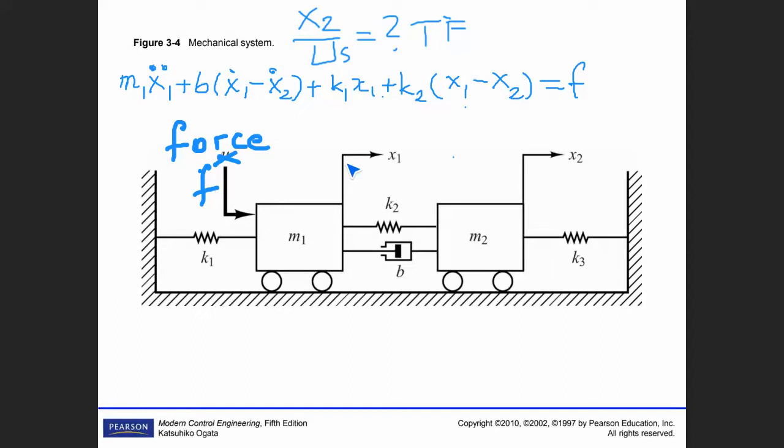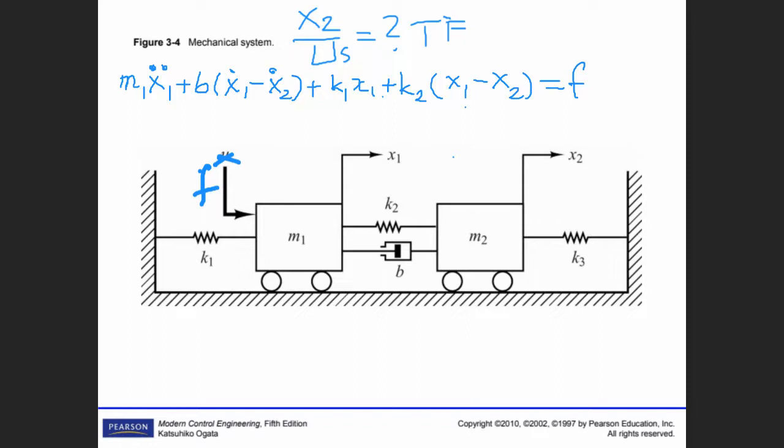The second equation we are going to write, I'm going to write it here since it's going to be easy for us to follow. I'm erasing this force from here. The second equation for mass 2, okay?